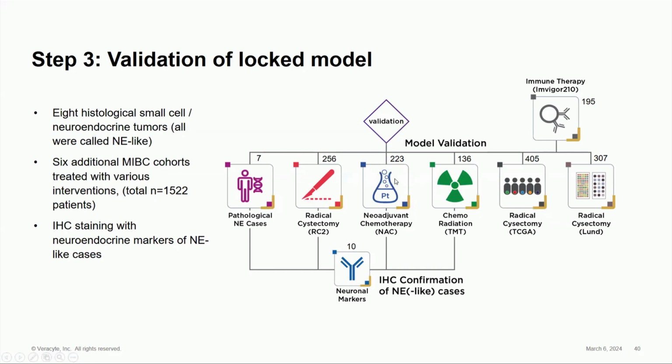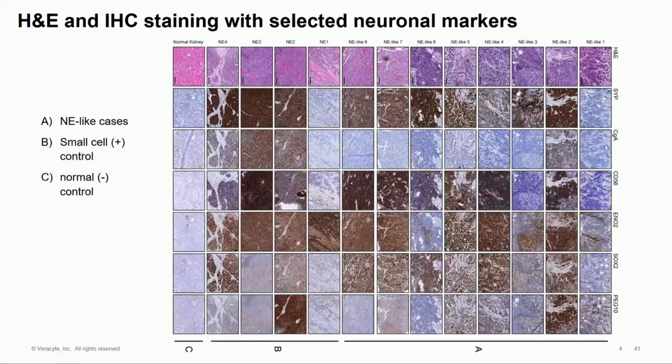For the patients where we had tumor tissue available, we did some IHC staining. Hopefully this convinces you that these tumors are truly neuroendocrine-like. In group B here, these are our controls, histological small cell neuroendocrine carcinomas. And these 8 tumors in group A are our patients that we identify as neuroendocrine-like. You can see your favorite neuroendocrine markers here, like synaptophysin.